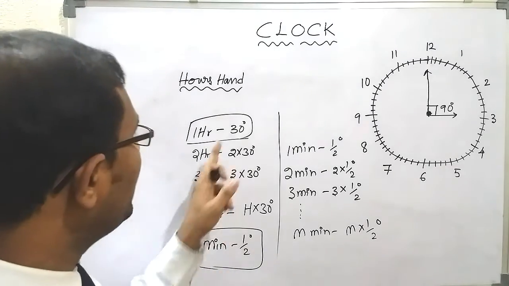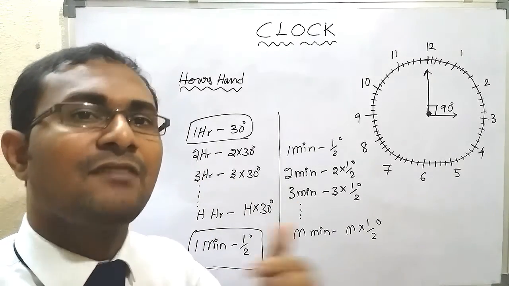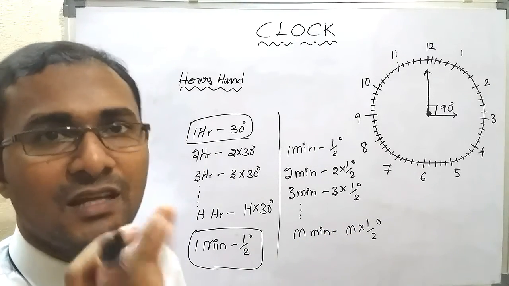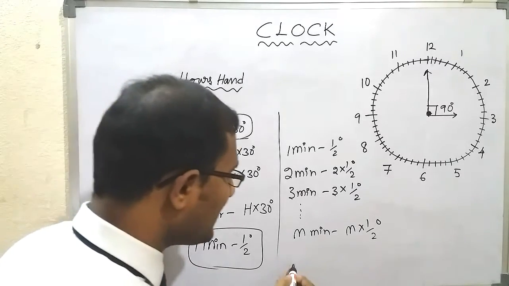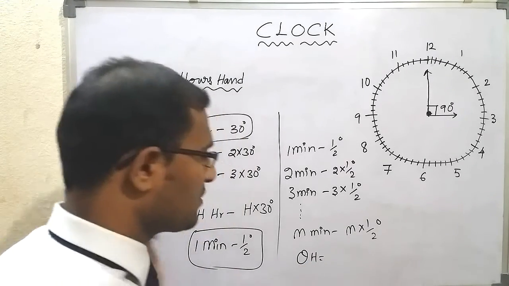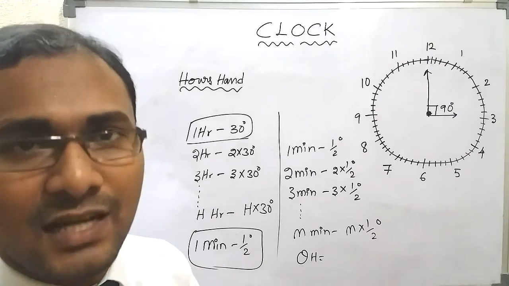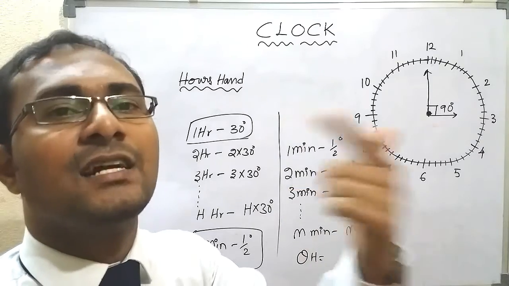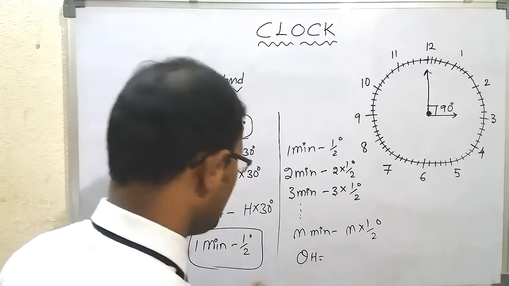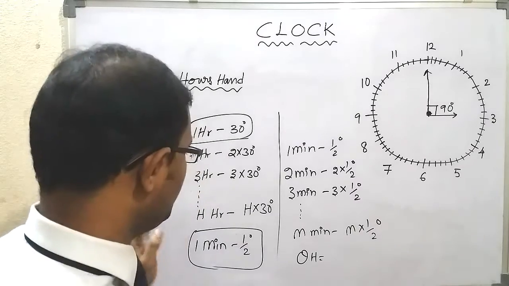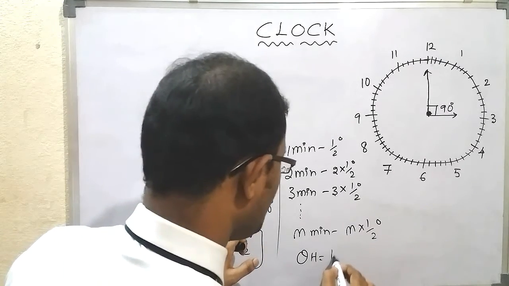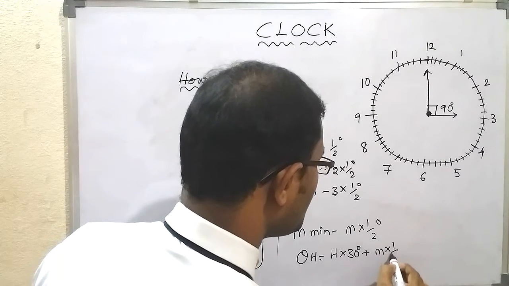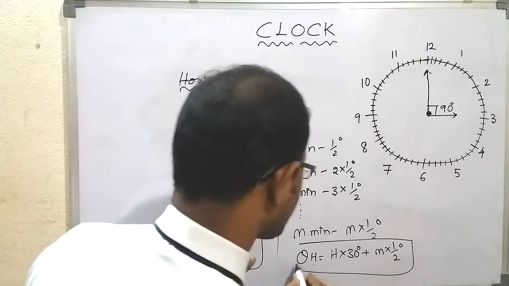Now, for every 1 hour the hours hand is covering some angle, and for every minute also the hours hand is covering some angle. So what is the total angle covered by the hours hand? It is the angle covered for hours plus the angle covered for minutes: h into 30 degrees plus m into half degrees.